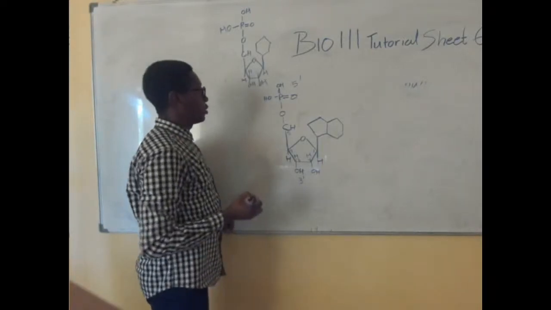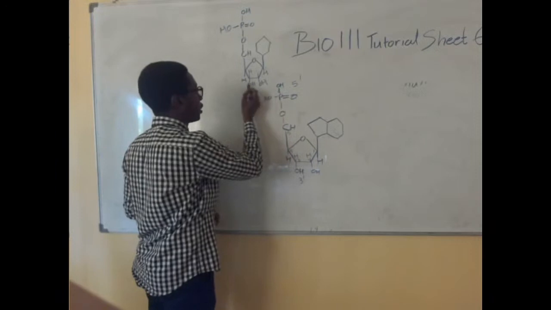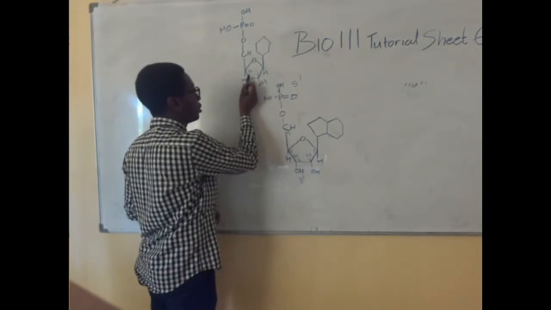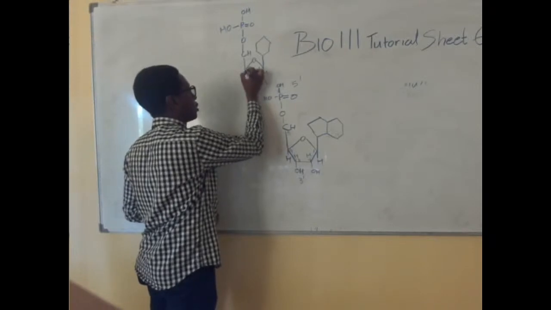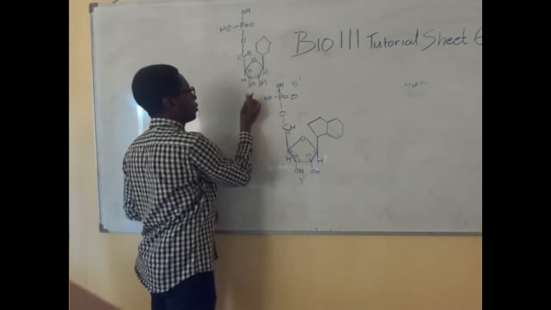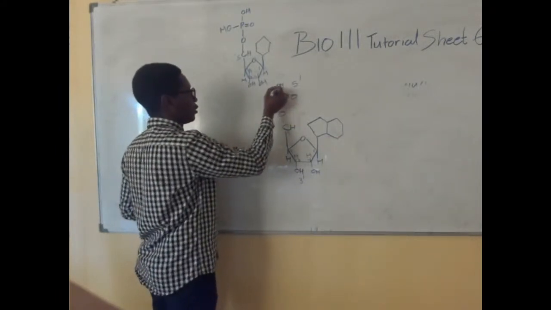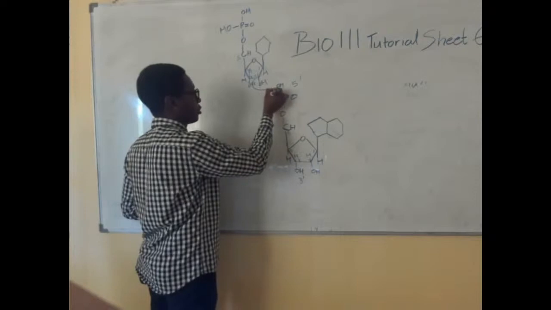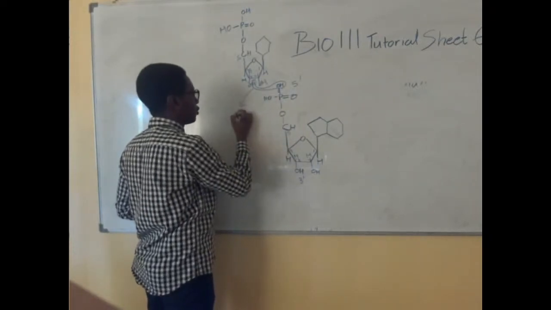Now, the reaction is going to happen. The phosphate group will react with the hydroxyl group on carbon number 3. This hydroxyl group is the one that takes part in the formation of DNA. So we'll have this reaction, and a water molecule will be given off.